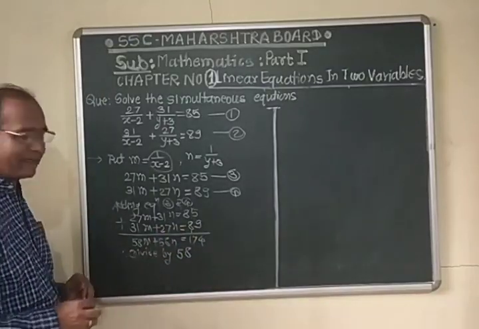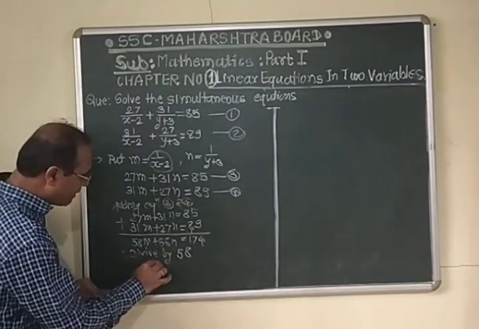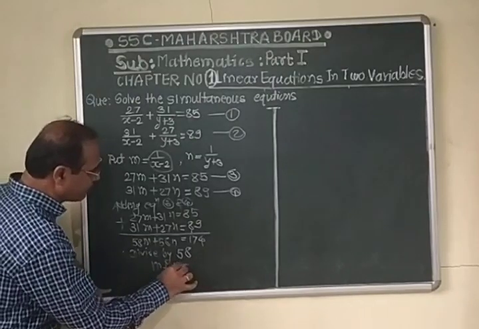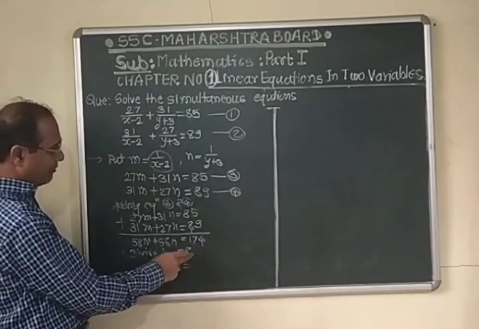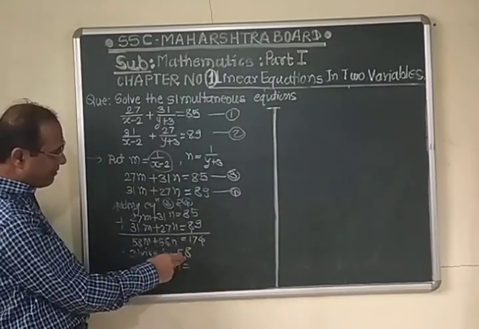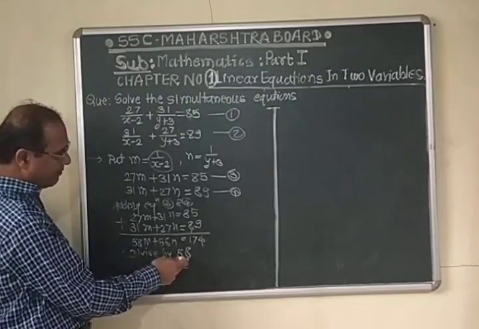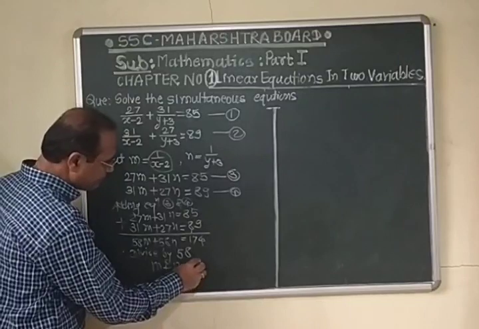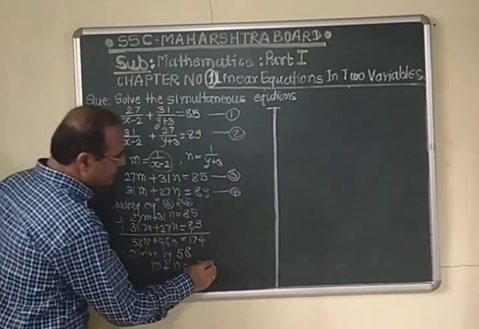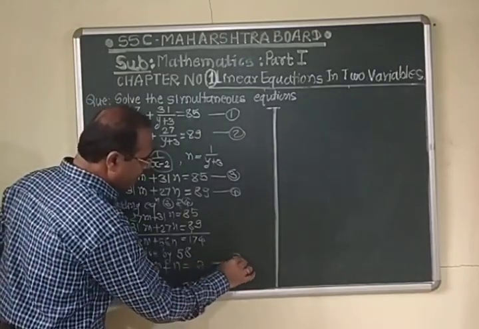Dividing by 58, 174 divided by 58 is 3. So m plus n is equal to 3. Call this equation number 5.